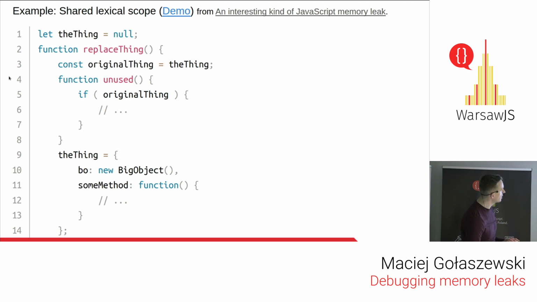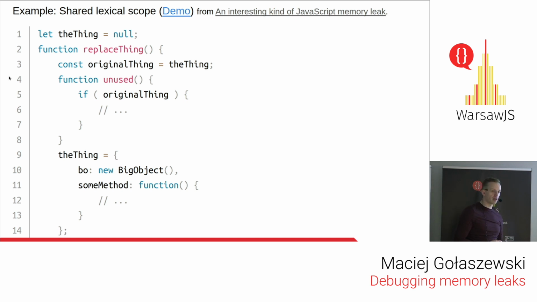So if you look at it, you might think that the JavaScript engine should be clever enough to detect that the things from the closure shouldn't be used anywhere.